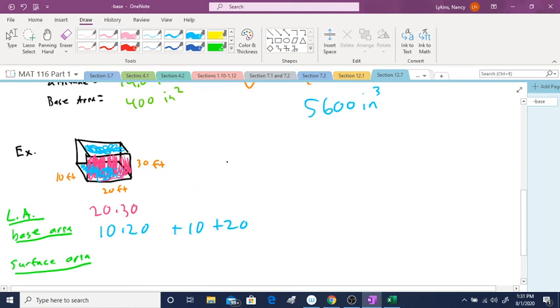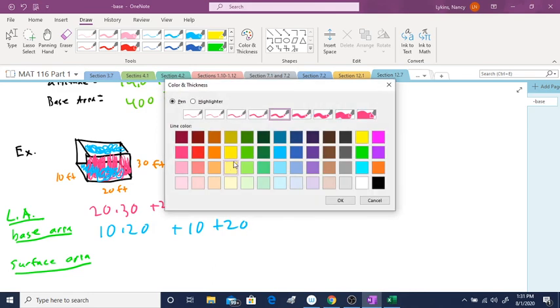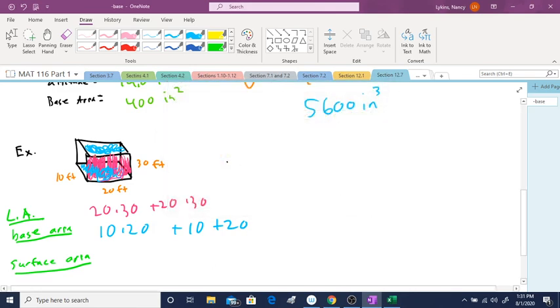But I also have, if I've got one here on the very back, I have the same set. Okay, now this side right here, it's the 10 and the height of this is 30. So it's 10 times 30 and I've got two of those.